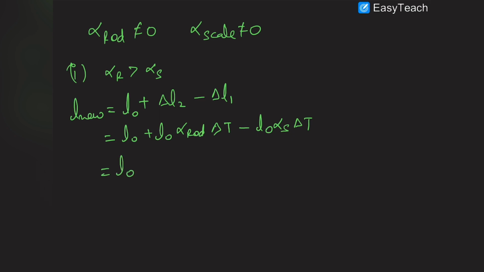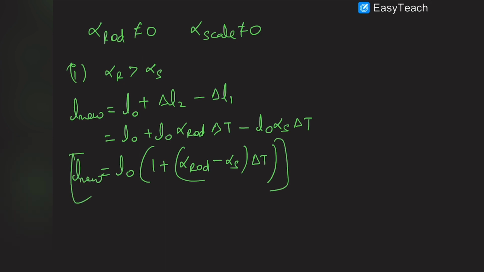So this L0 is common, so it is L0 (1 plus (alpha rod minus alpha scale) delta T), and this is the final length, and this is the conclusive formula.